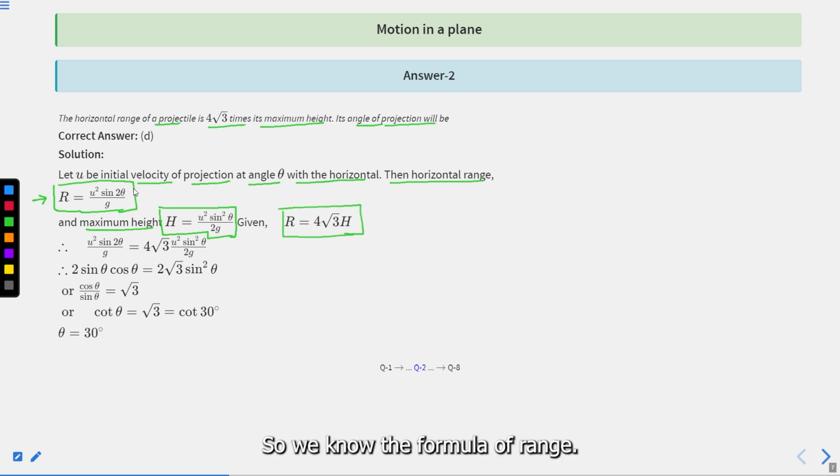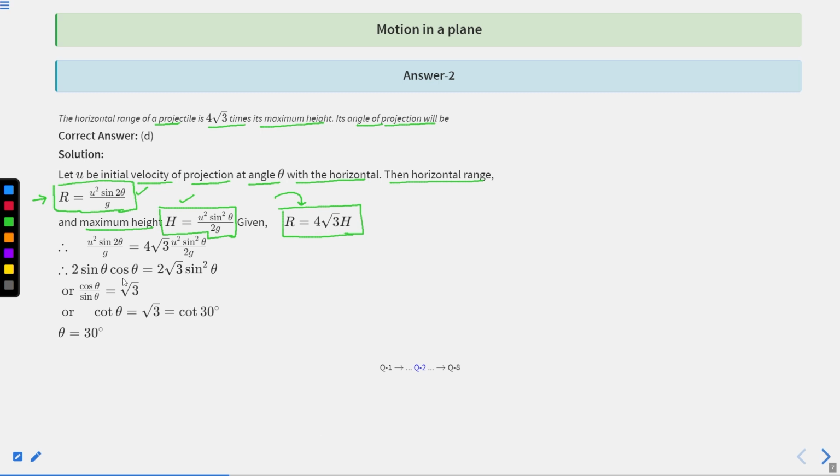So we know the formula of range, also height. Put the range formula and height formula in this term and we will get the answer. So u square sine 2 theta divided by g is equal to 4 root 3 multiplied by u square sine square theta divided by 2g. Clear?